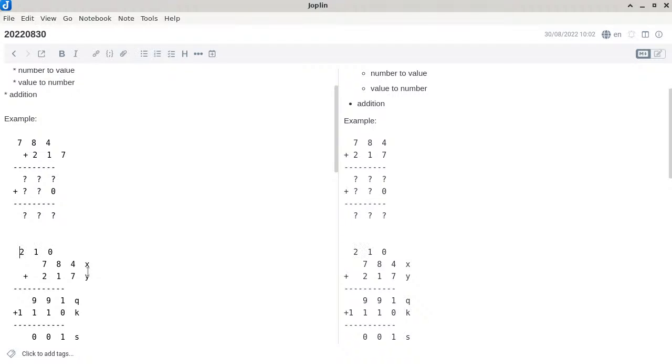There we go. Now everything lines up. So that's basically our I, the position of the column. So are we doing okay so far with this notation? This is row X, row Y, row Q, row K, and row S. Column 0, column 1, and column 2. The columns just correspond to the positioning of the digits. We doing okay? All right.